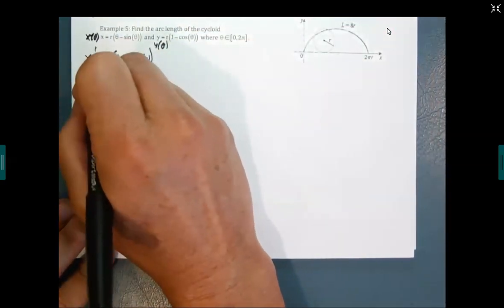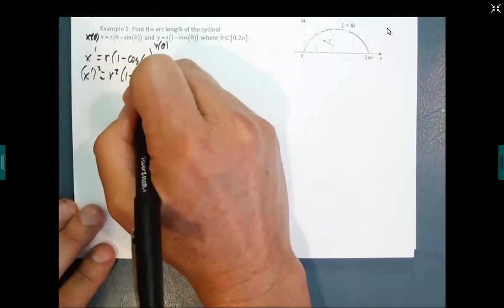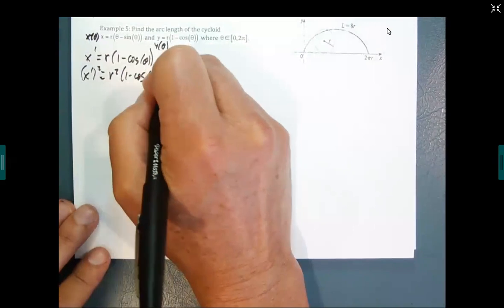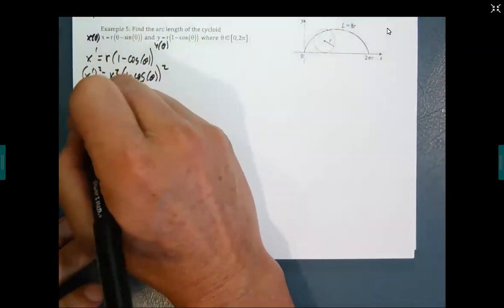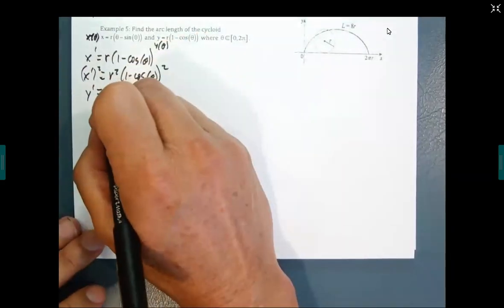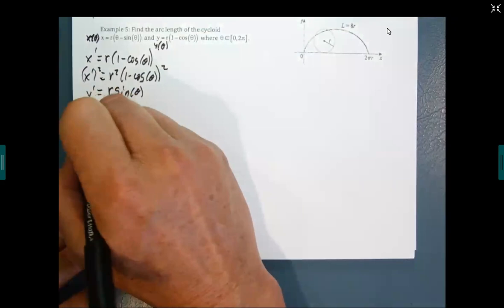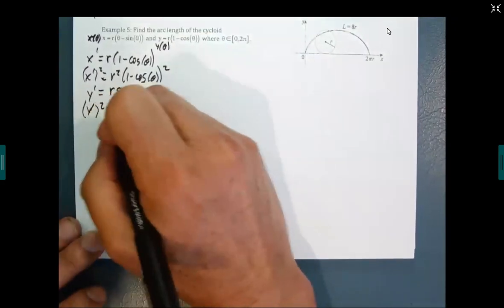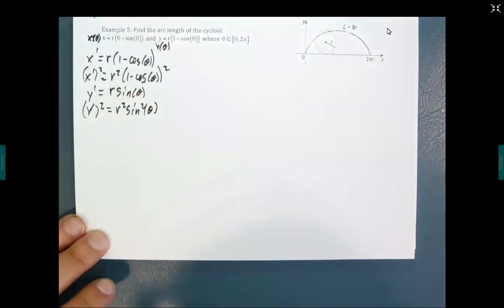X prime squared is r squared times 1 minus cosine theta squared. Y prime is going to be r sine of theta. Y prime squared is r squared sine squared theta.